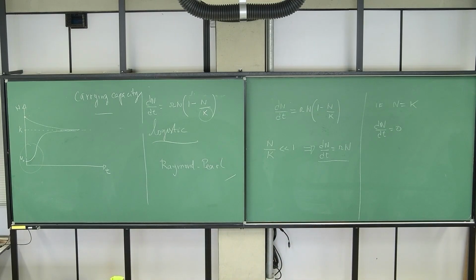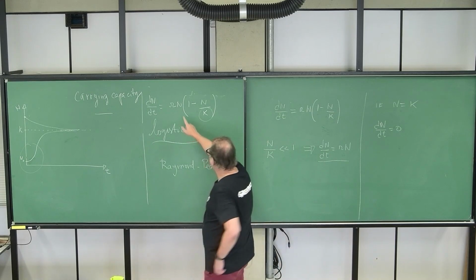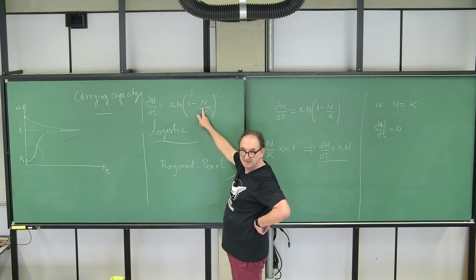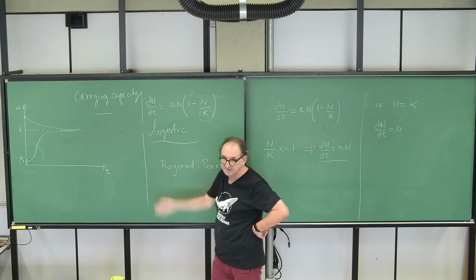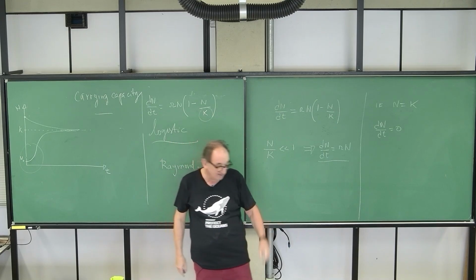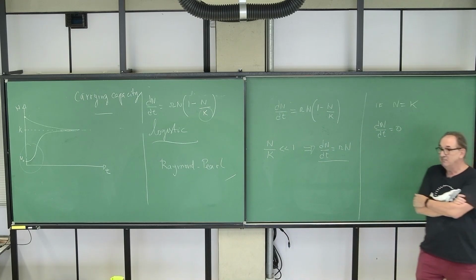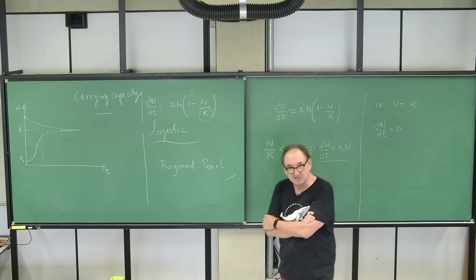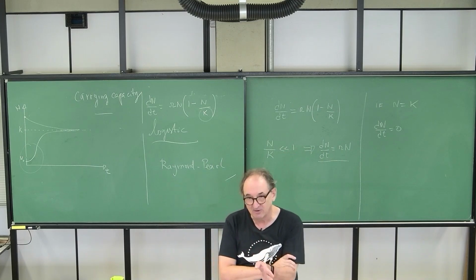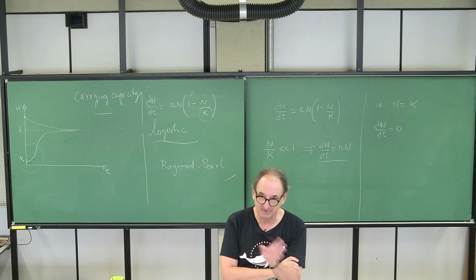In the beginning, you said that this differential equation is not linear. What is the consequence of that? Here you have n times 1 and n times n, which is n squared, so it is not linear. It has to be power 1 to be linear. Most linear equations you can solve in terms of known functions.